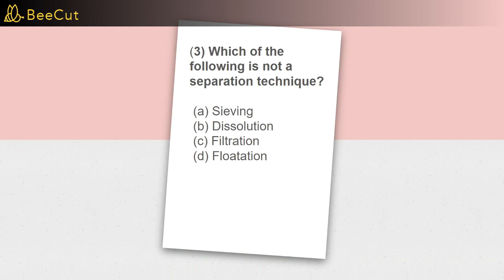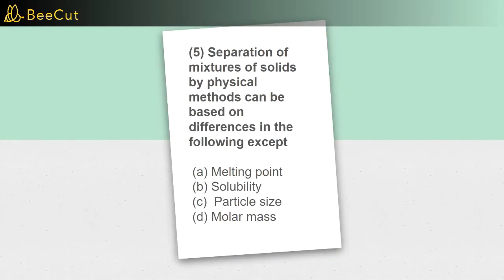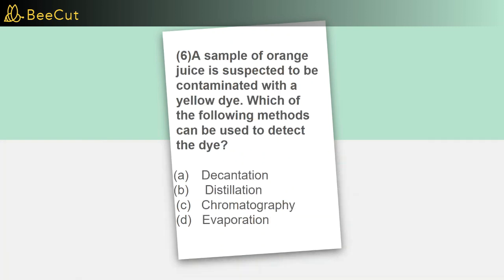B is the correct answer. Separation of a mixture of solids by physical method can be based on differences in the following except melting points, solubility, particle size, molar mass. D is the correct answer. Molar mass is not used in separation techniques.